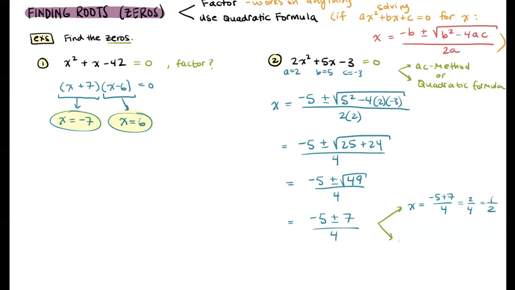Then we look at the other x value, -5 minus 7 over 4. -5 minus 7 is -12, and so that gives us -3. So we've got x equals 1/2 and x equals -3. And these are our two zeros or roots.